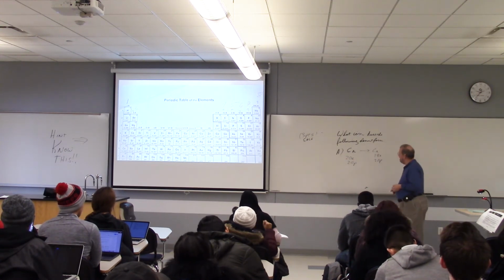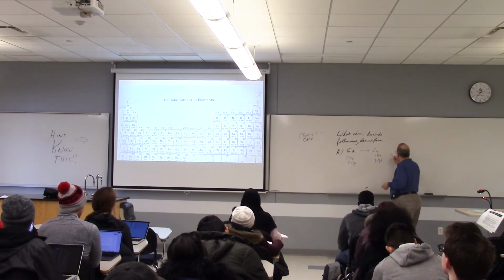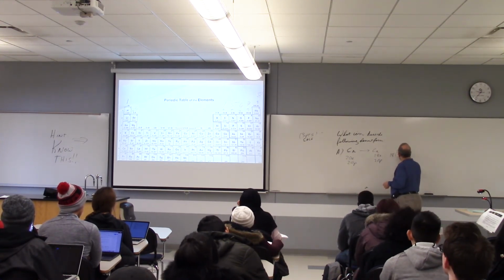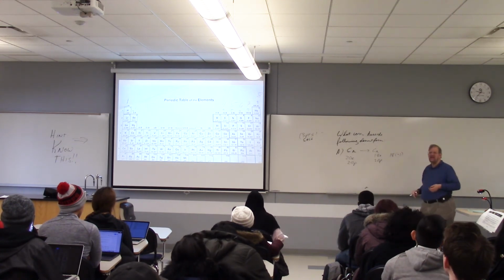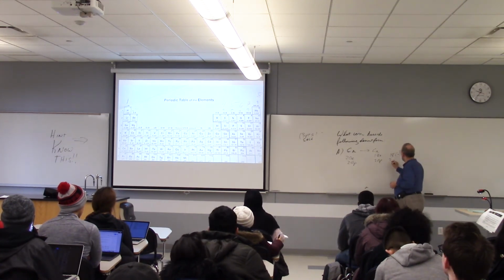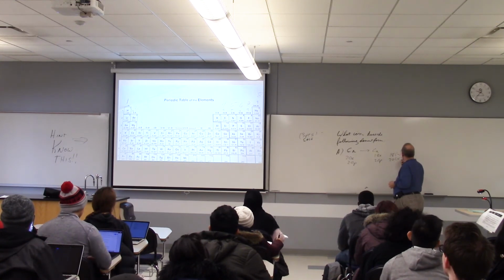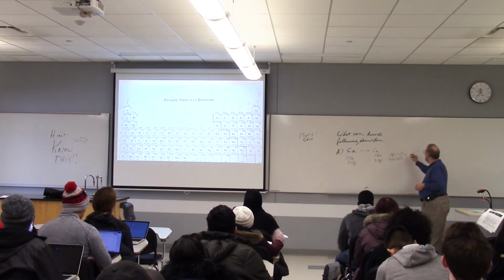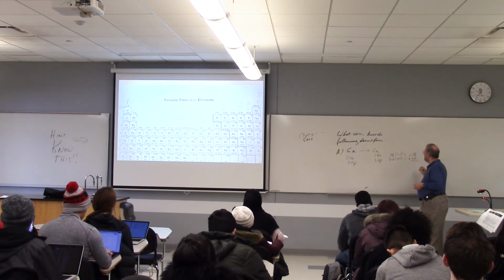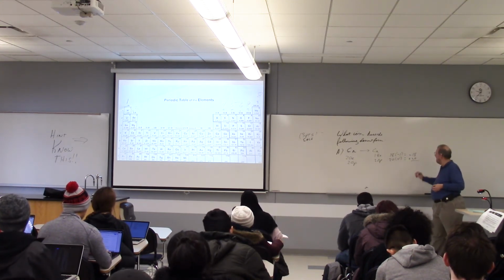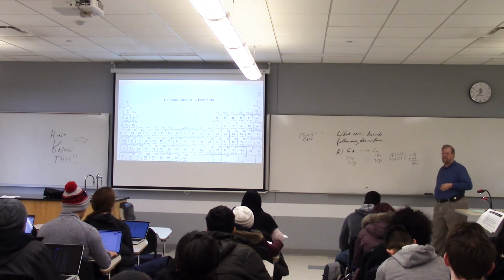Now you do the math. Each electron is a -1 charge. Each proton is a +1 charge. Do the math, -18 plus 20. If I add this together, I'll have a +2.